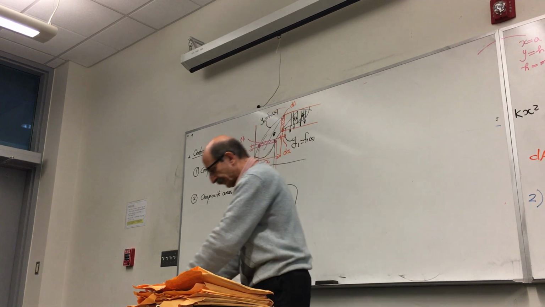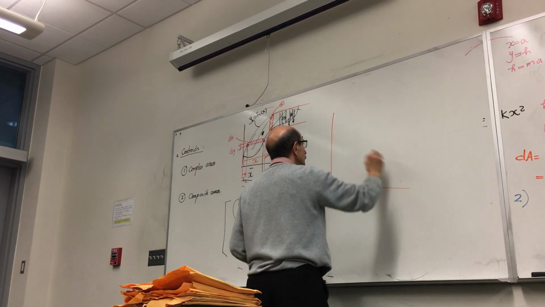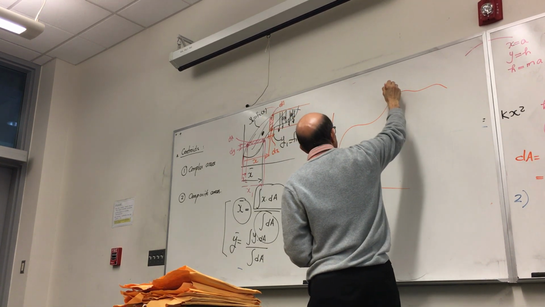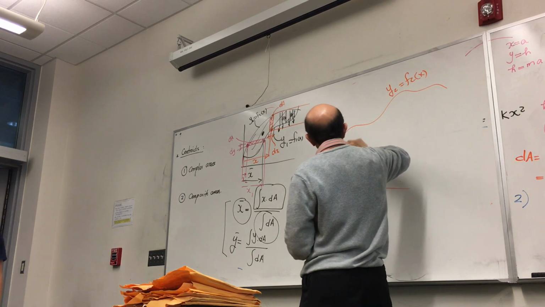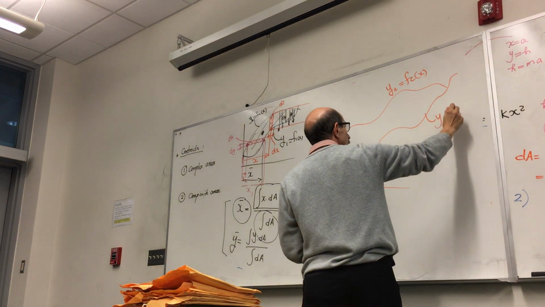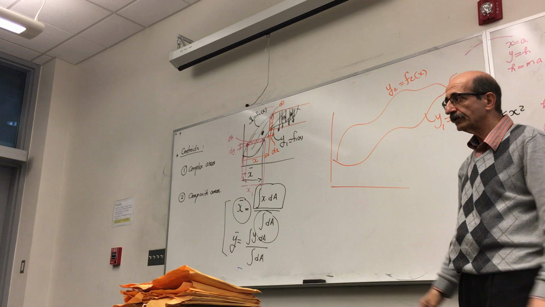So what you have here is two functions in general, right? Regardless of the shape, I call this y2, which is a function of x. Then you have y1, which is also a function of x. It doesn't matter what order it is.